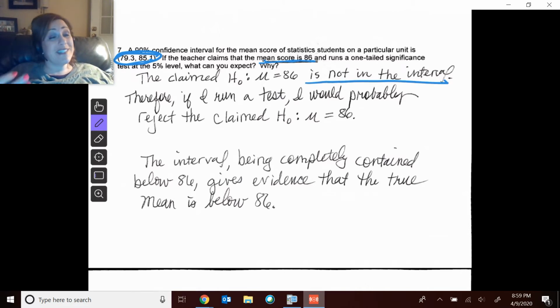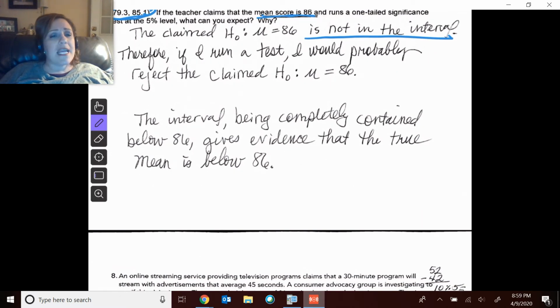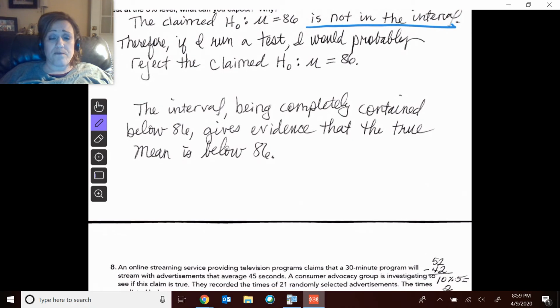Therefore, if I was to run a test, I would probably end up rejecting that null hypothesis. If I was to guess, that's what I think would happen when we run a test. I would find evidence to reject the null. The interval being completely contained below 86 is probably going to give us evidence that the true mean is below 86. Okay?